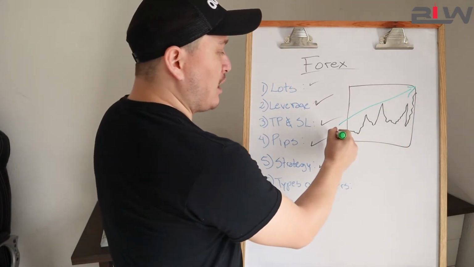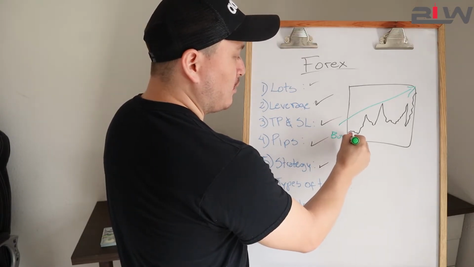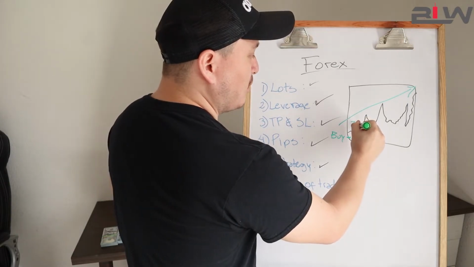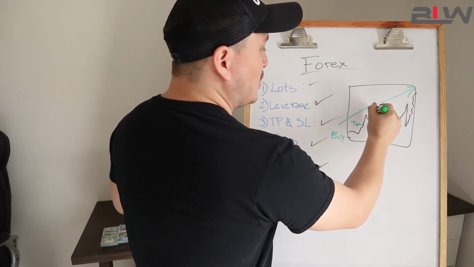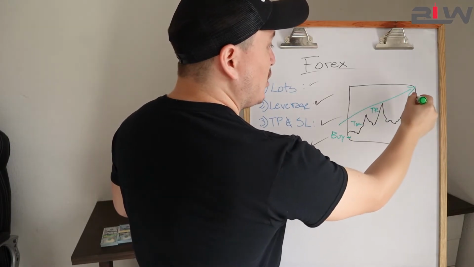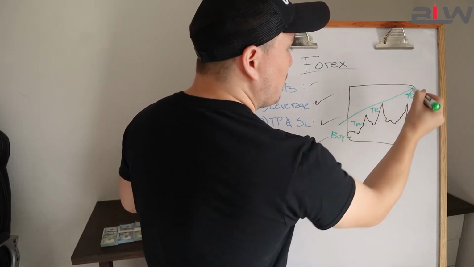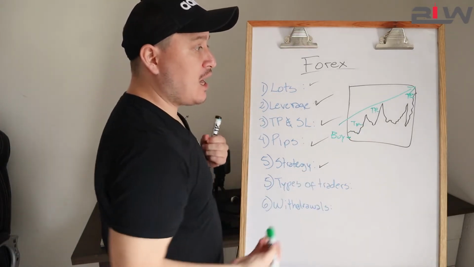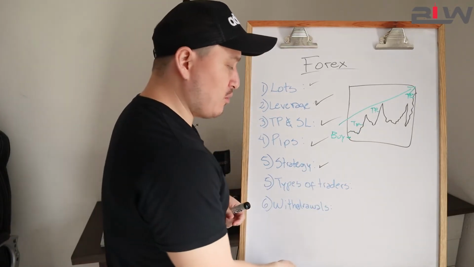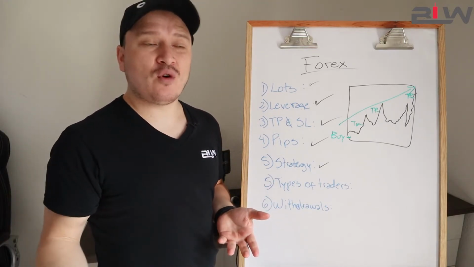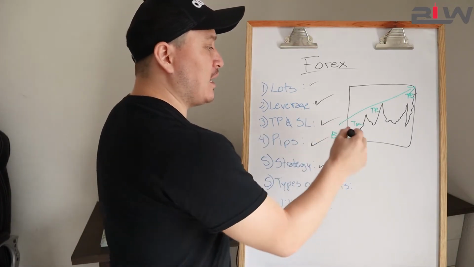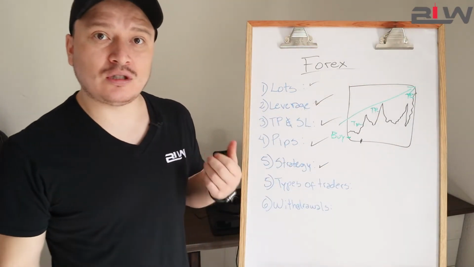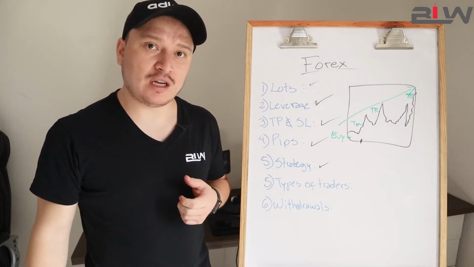So once you enter a buy option here, you could set the take profit here and you would make money, or you could set it here and you would make money, or you can even set it here and make money, right? Obviously, you always have a stop loss and it could go in the opposite direction. But what we're looking for in Forex is not just this movement and it expires right here and that's it. We're looking for it to continue to jump, to continue to drop, depending on what direction you put it.